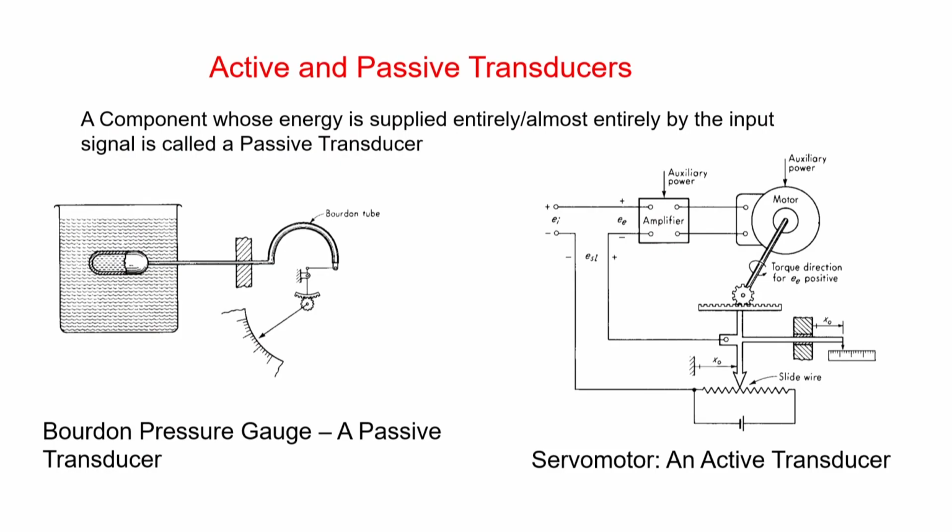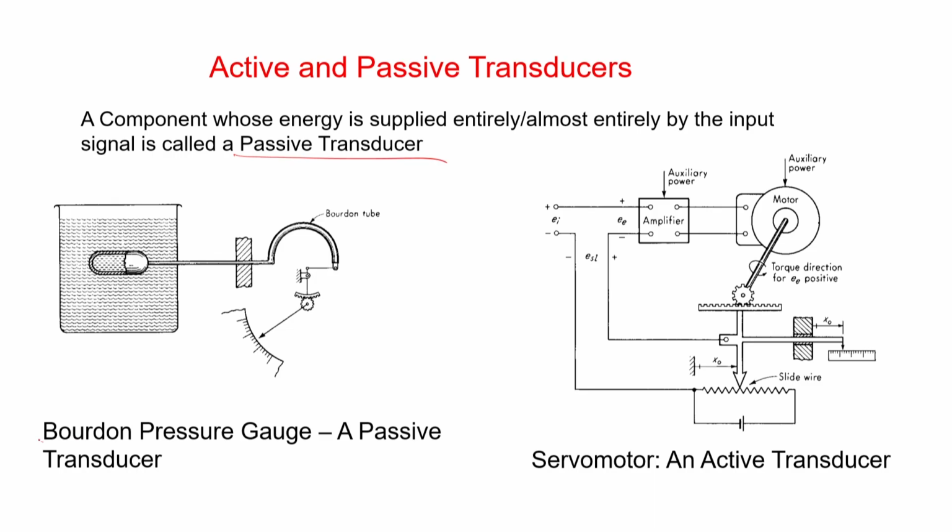So you can have this system either consuming energy from the environment itself, we will then call it a passive transducer, something which is good because you are not giving additional power, but bad because you are actually tampering with the system. So both sides are important here.